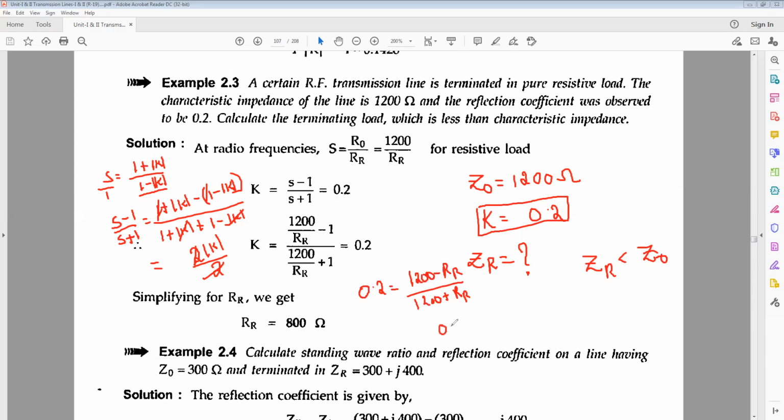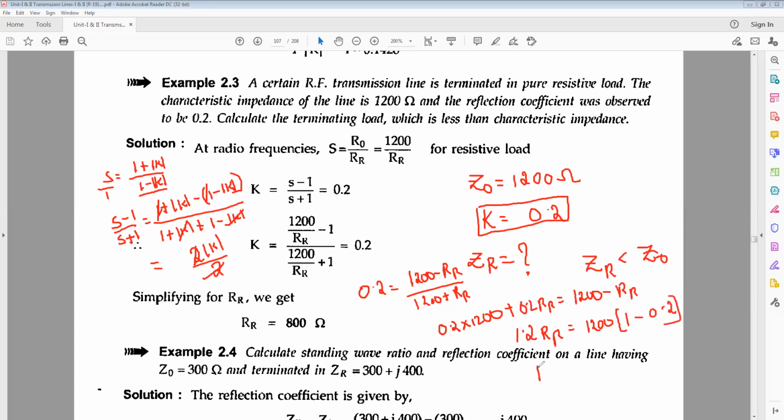Now 0.2 you can multiply with the 1200 plus 0.2 with RR is equal to 1200 minus RR. Now I can bring this towards the right side and bring this towards the left side. This plus 1.2 RR is equal to 1200. Take the common, 1 minus 0.2.